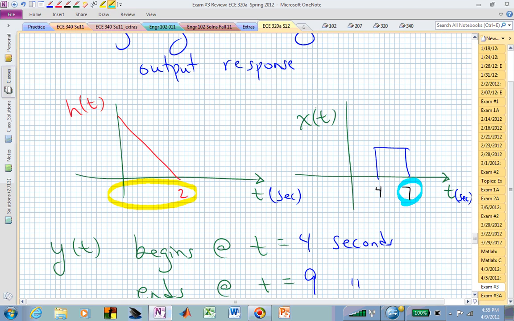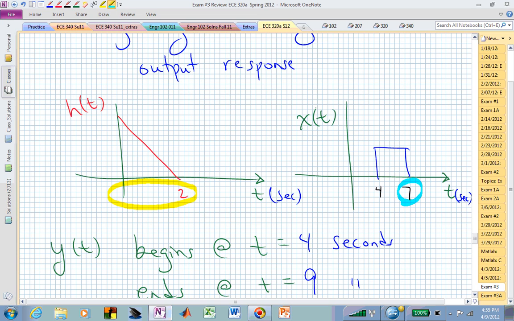So now we stop exciting the system at 7. Well, we know that the transient is going to last 2 seconds beyond when we excite it, because this picture for h shows us what happens when we hit it with an impulse. And an impulse is instant, and it happens at t equals 0. And that h of t says it lasts only for 2 seconds beyond when we hit it.